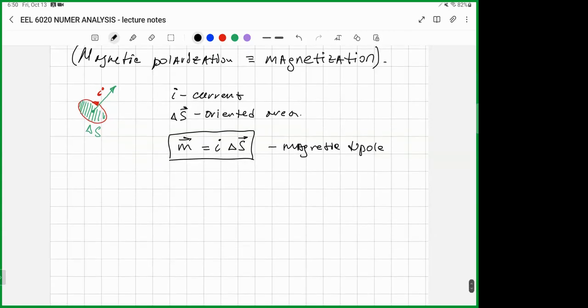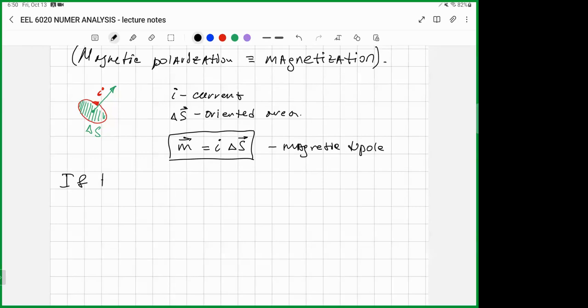So if a magnetic field is applied, all magnetic dipoles in such a magnetizable material align preferably along this magnetic field. And this is the process of magnetization.